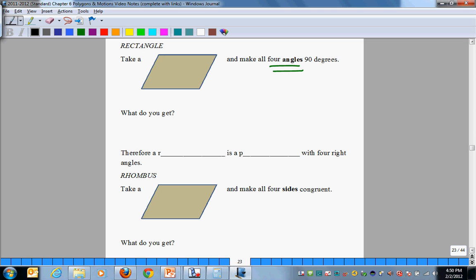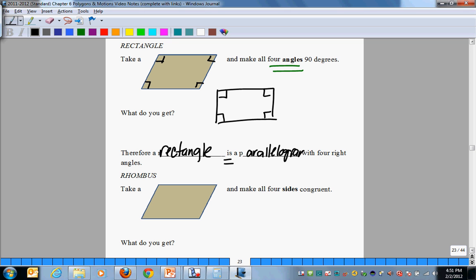If you were to take these and make them all 90 degrees, and now if we were to draw this to scale, that would be a rectangle. So by definition, a rectangle is a parallelogram with 4 right angles. You take a parallelogram, make 4 right angles, you have a rectangle.